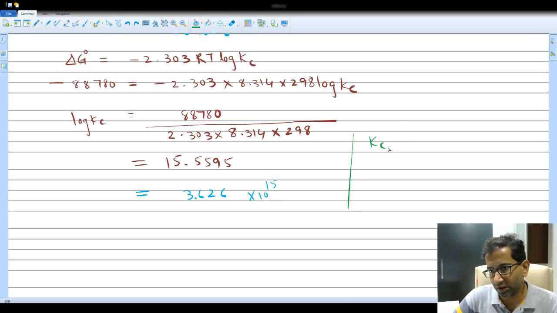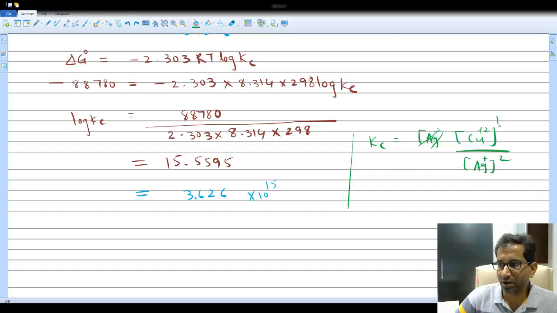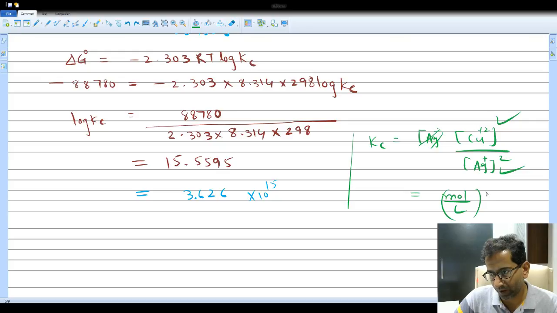Now Kc is Cu plus 2 concentration upon Ag plus concentration square. So this is mole per liter, this is mole per liter square, so it will be mole per liter inverse.